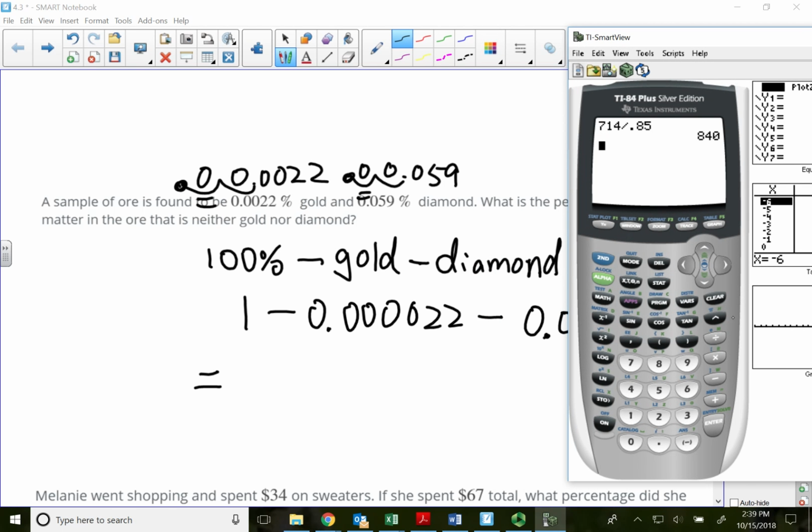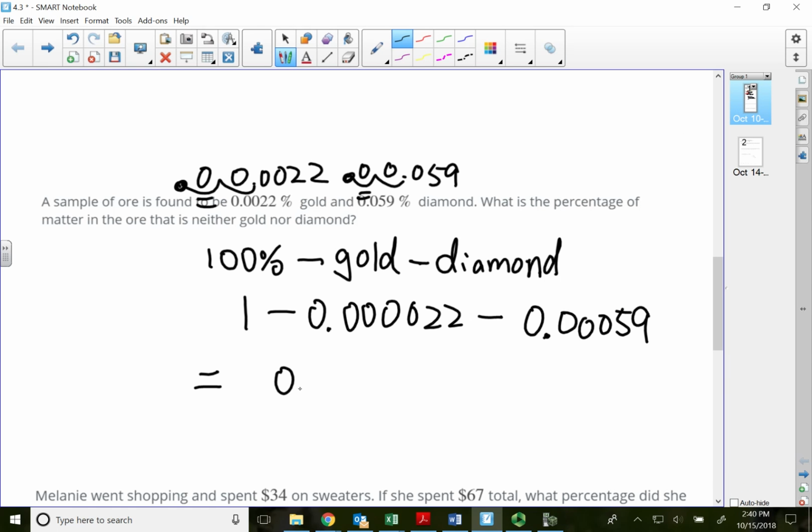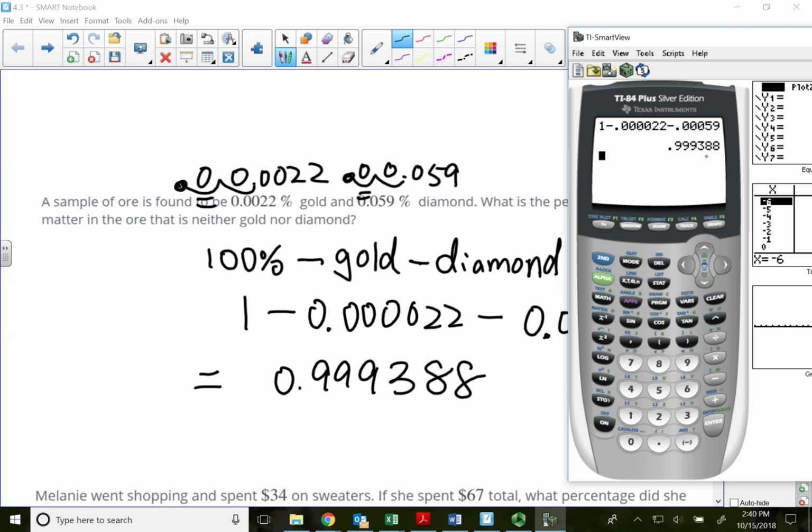So I'm using 100%, which as a decimal is 1, minus 0.000022, minus 0.00059. So that would be 0.999388. All right, so that's right.